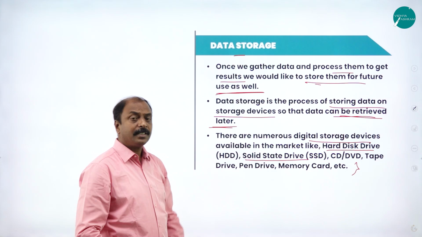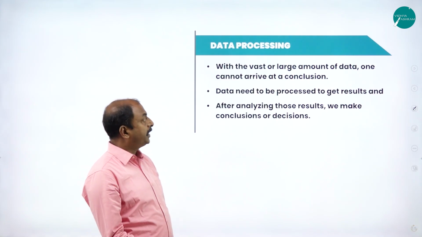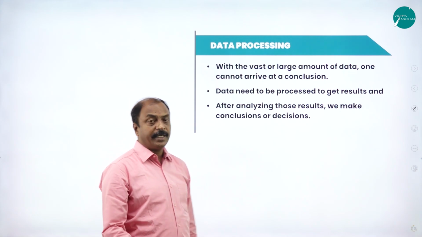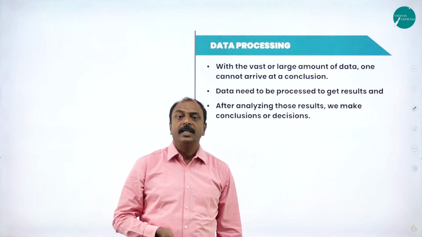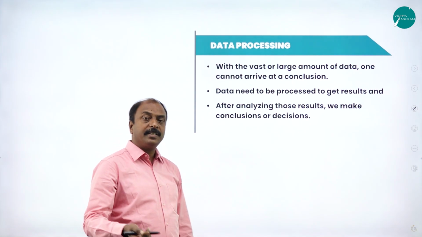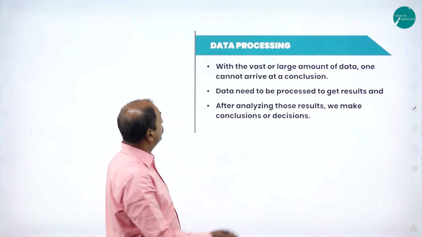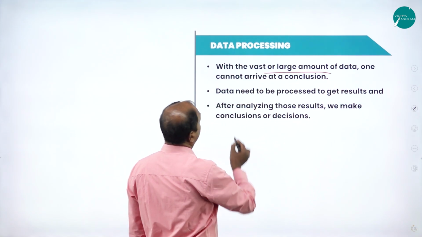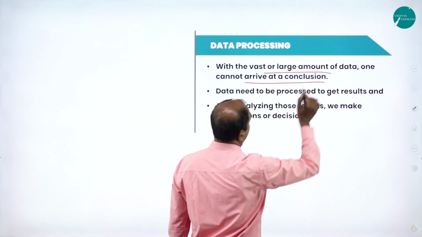That is data storage. Next one is data processing. What is data processing? As all of you know, once the data has been collected, we have to feed the data into the computer for processing, and we get the result, that is information. With a vast amount of data, one cannot arrive at a conclusion.